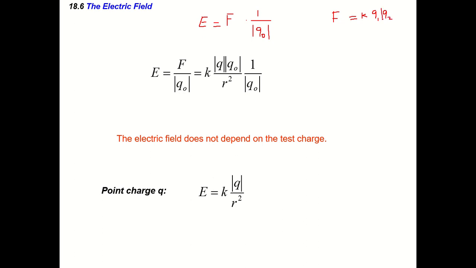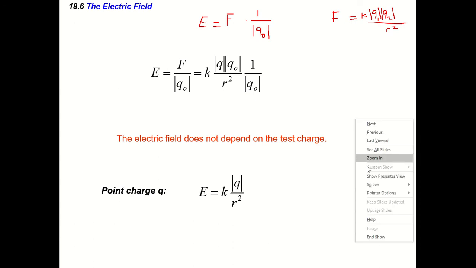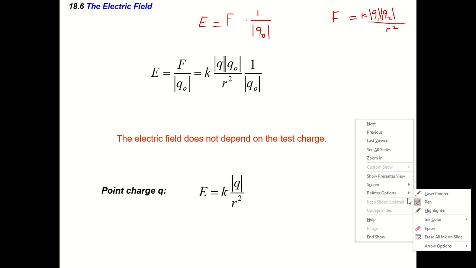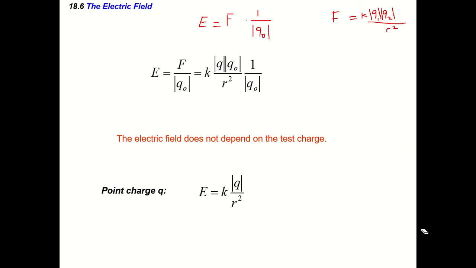Absolute value of this and absolute value of this, and they are multiplied and then divided by R squared. Okay, so now if we are going to substitute this, in this case we use Q without subscript. So you can use Q, that's all right, or if you use Q1, just to match with this.